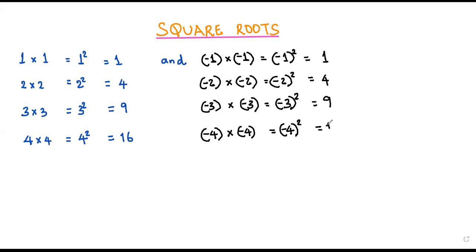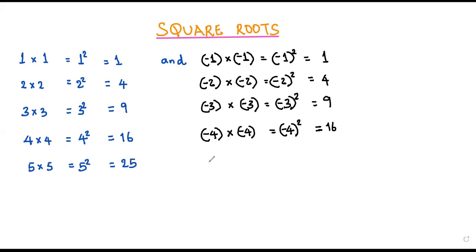And this also will be 16. Okay, let's get the last one. You can understand the whole pattern. 5 times 5 will give us 5 squared. And this is the same as 25.